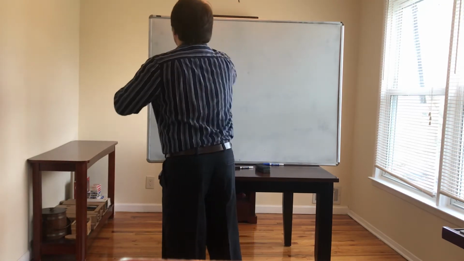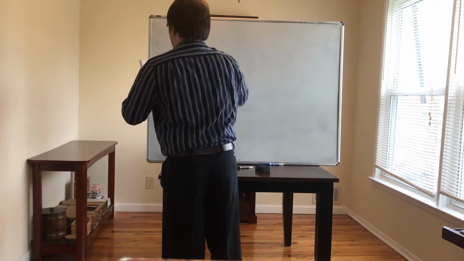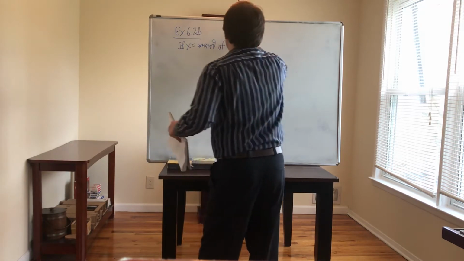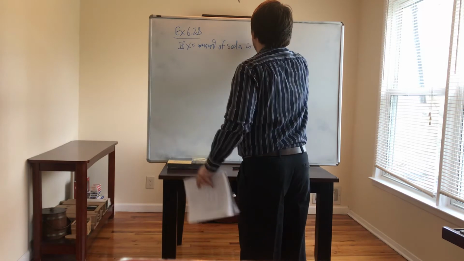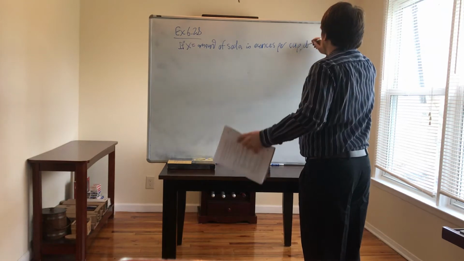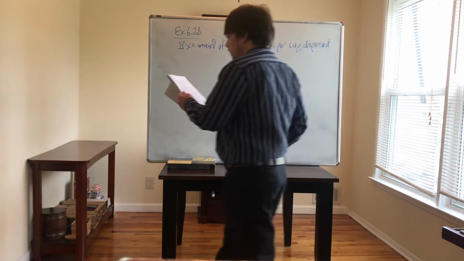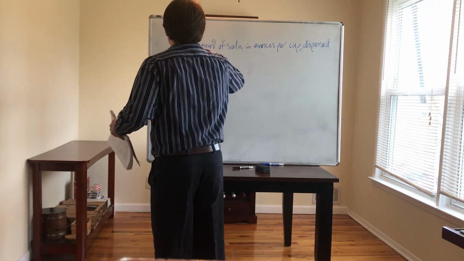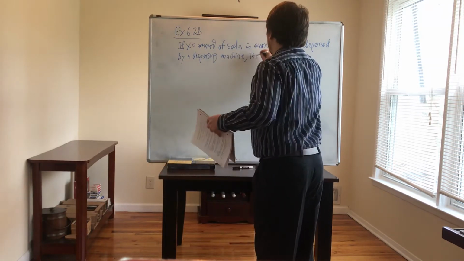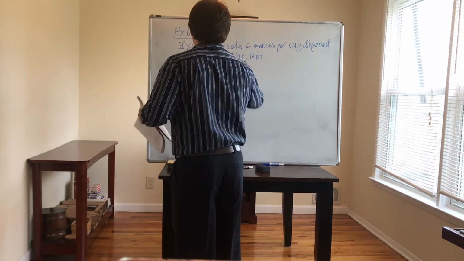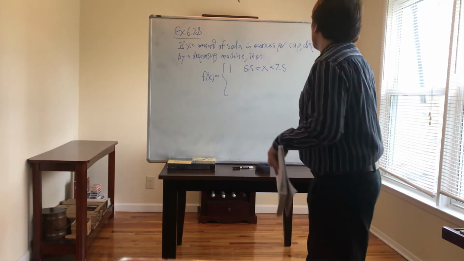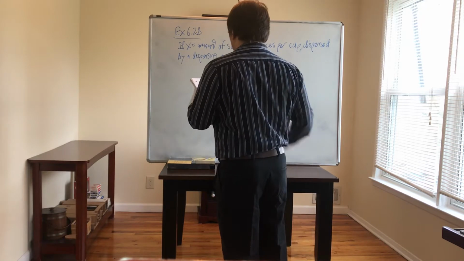Next, example 6.28. If X is the amount of soda in ounces per cup dispensed by a dispensing machine, then f of x is equal to 1 for 6.5 less than x less than 7.5, and 0 elsewhere.